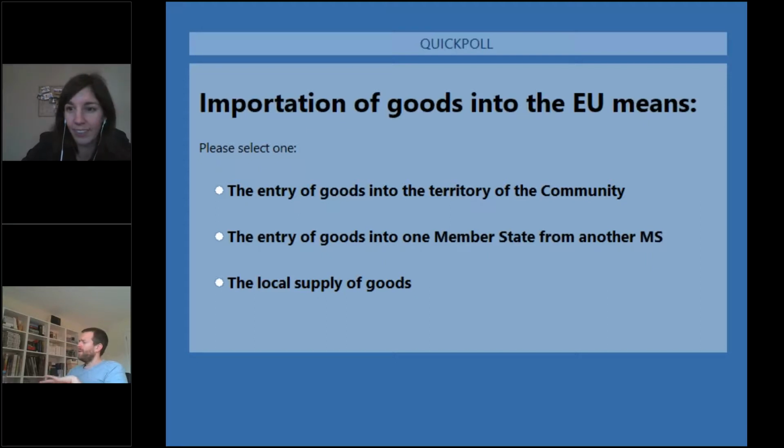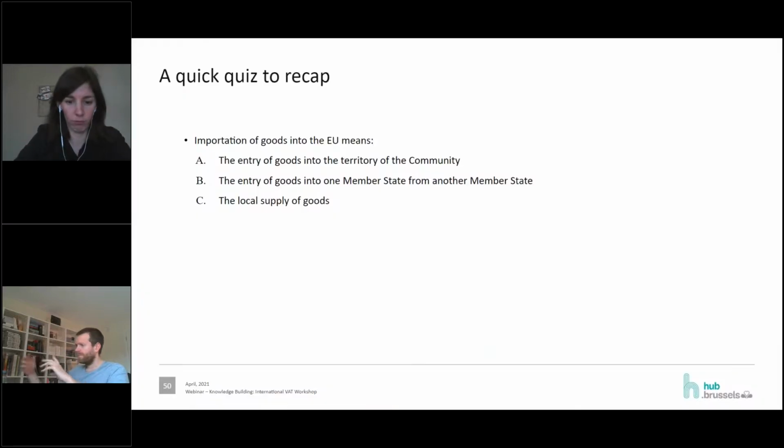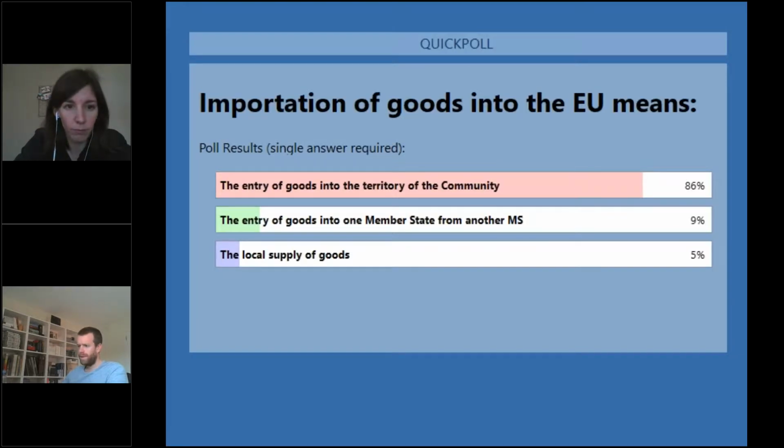So let's see the answer. Indeed, entry of goods into the territory of the community. Very good.